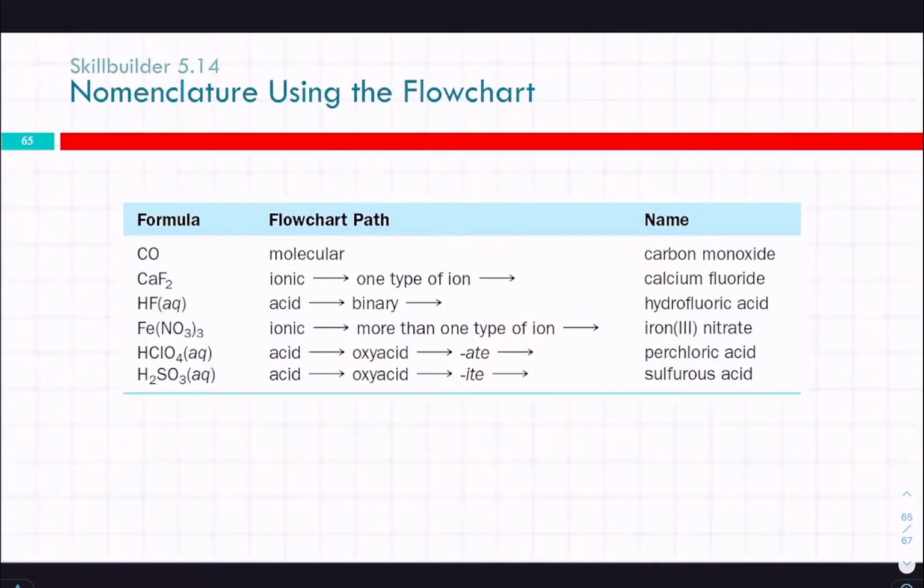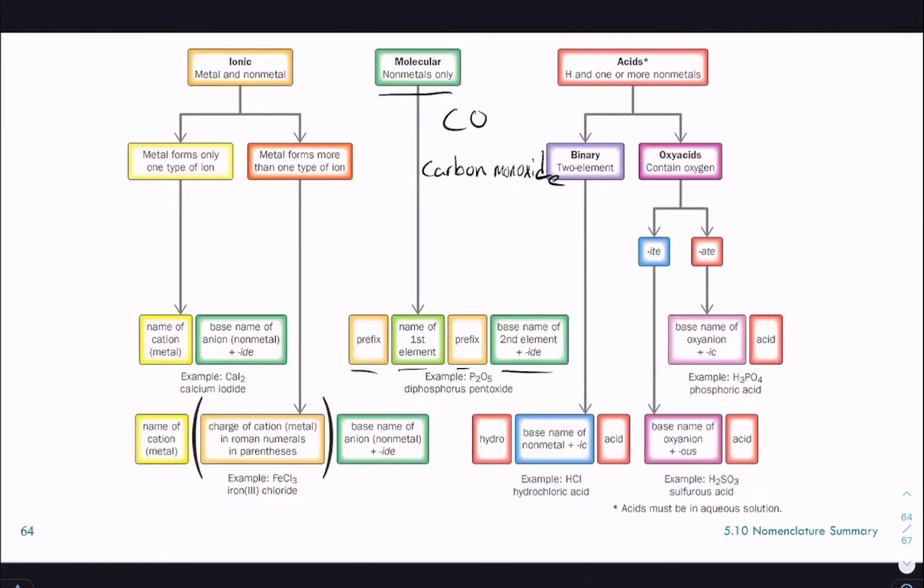So if we had something like calcium with fluorine, then we would identify first that we have a metal as the first element, so it must be ionic. Calcium's all the way on the left side of the periodic table in group 2. Then we move down the flow chart and ask, do we have a metal that forms only one type of ion, or more than one type of ion?